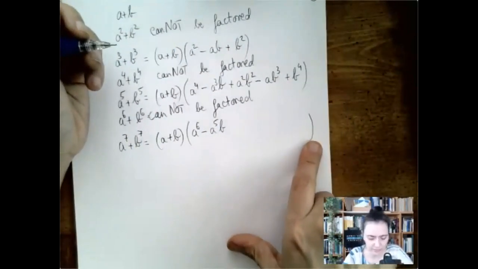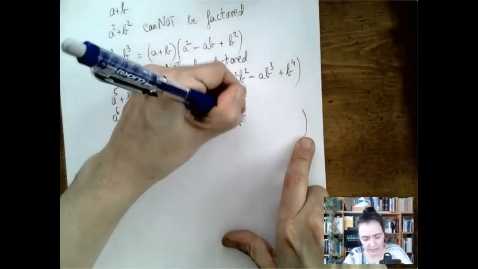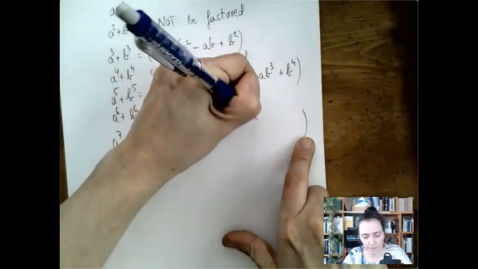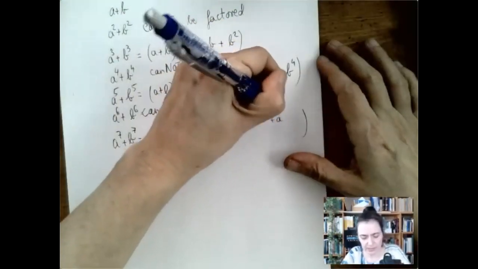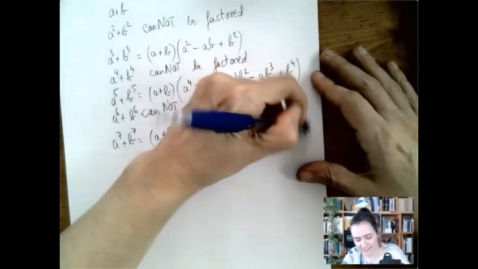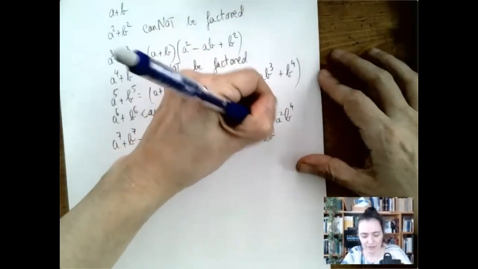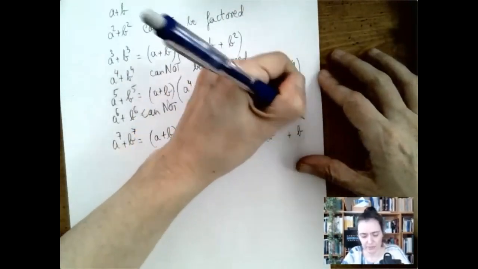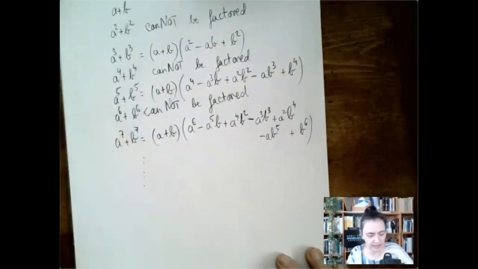Plus a to the 4 b squared, minus a cubed b cubed, plus a squared b to the 4th, minus a b to the 5, plus b to the 6th, and so on. I think you can generate it now.